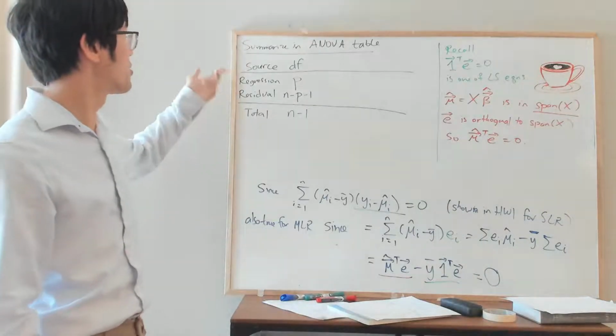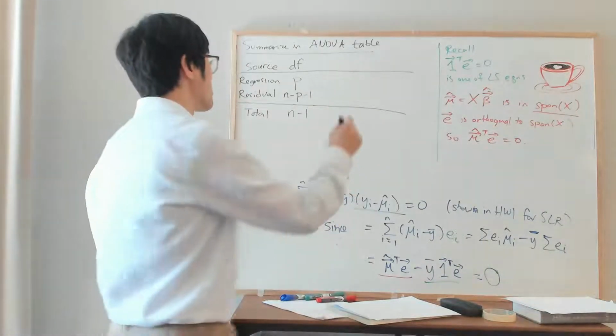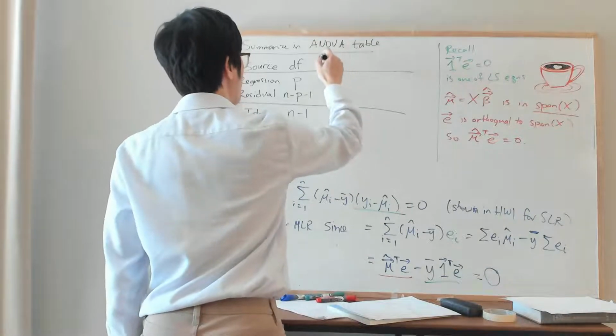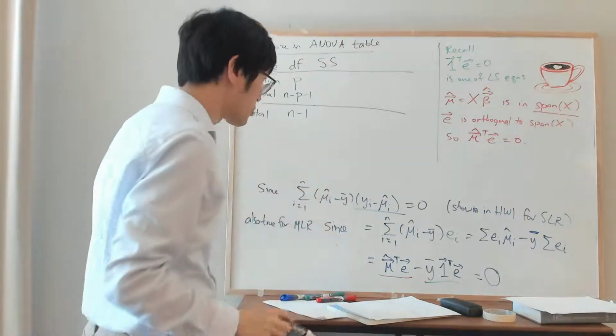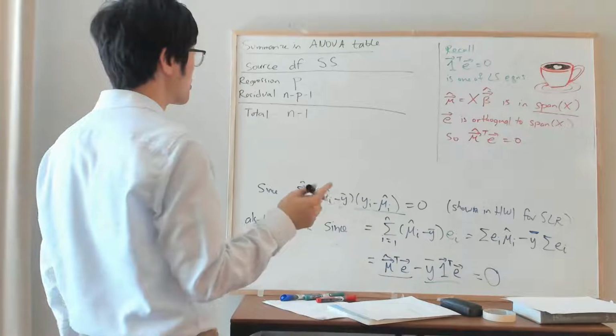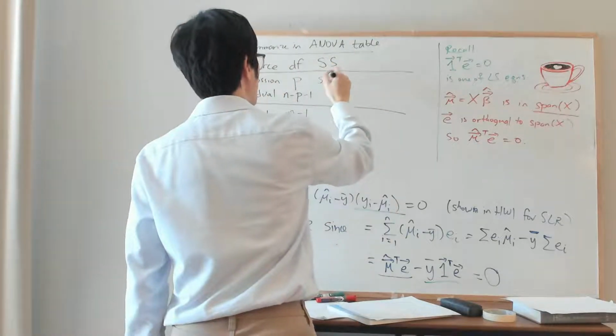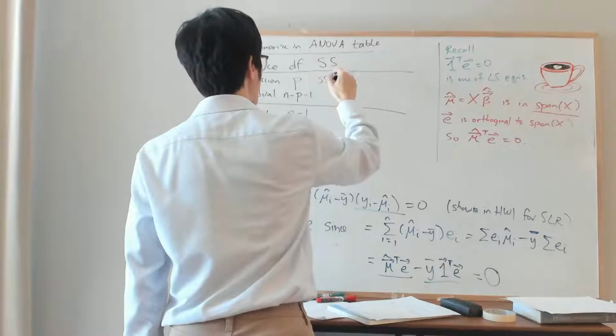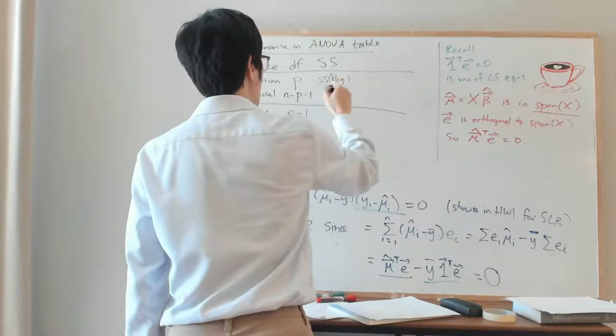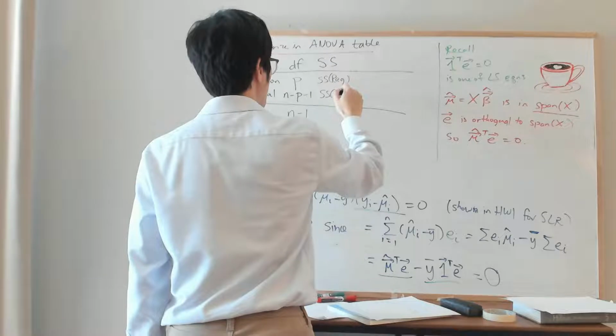Okay, so that's the degrees of freedom, and then we also write down the sum of squares quantities. The sum of squares are exactly the expressions we derived, so just write their abbreviations here. We have the sum of squares regression, and then the sum of squares residual.